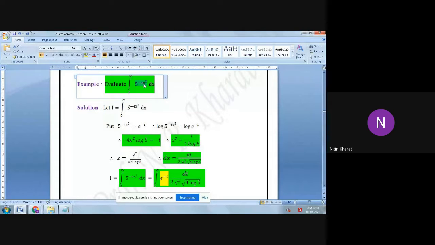The e raised to minus t is the most important term in the gamma function, and t raised to n minus 1, sometimes the value of n is equal to 0. That means the index of t is 1 minus 1. We can find the solution. Means e raised to minus t is the most important term to find the simplification.